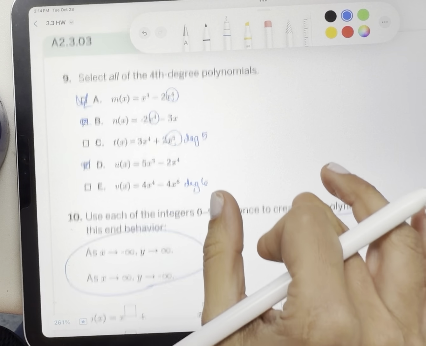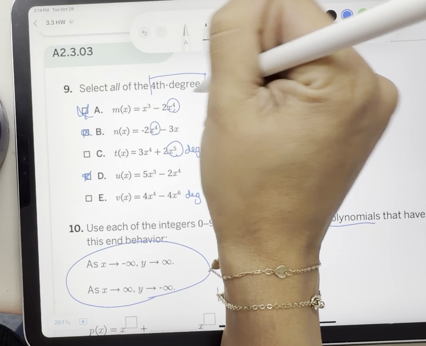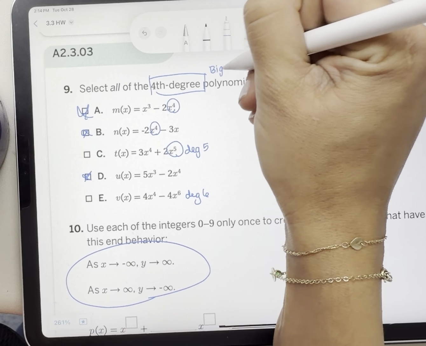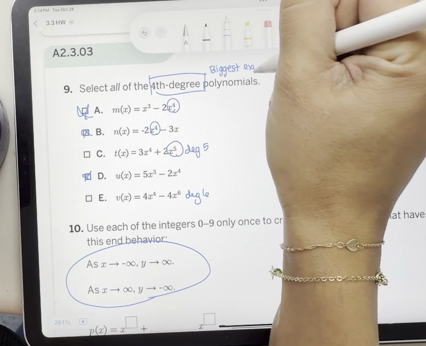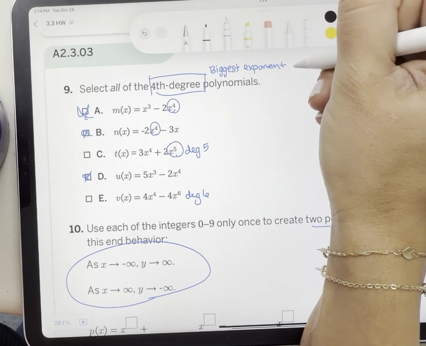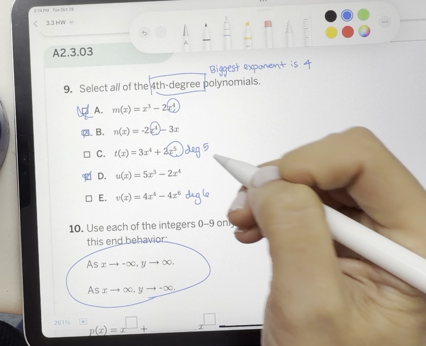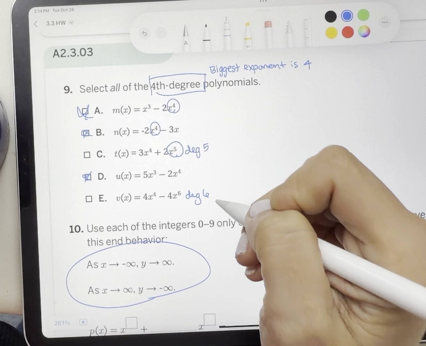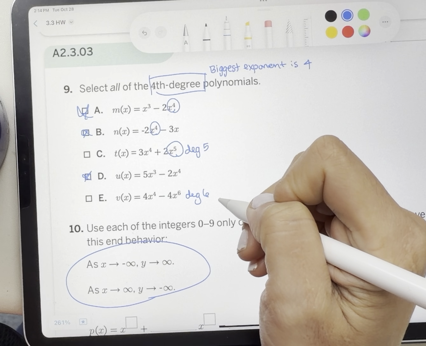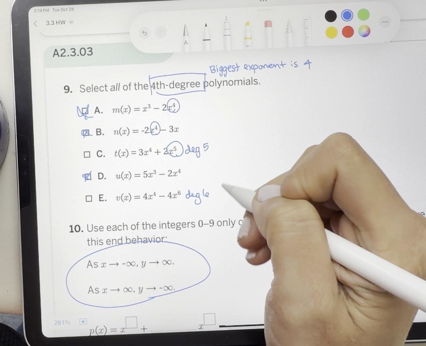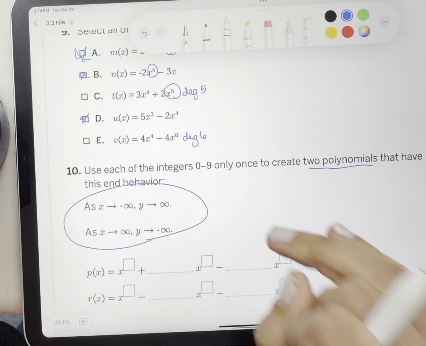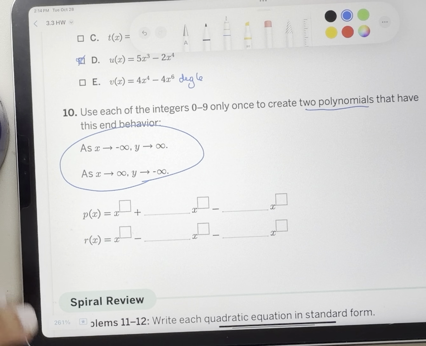Up here, 4th degree means that the biggest exponent is a 4, as long as 4 is the biggest exponent. E didn't count because the biggest exponent was a 6, and C didn't count because the biggest exponent was a 5. Okay, I want to make 2 polynomials that have this end behavior.